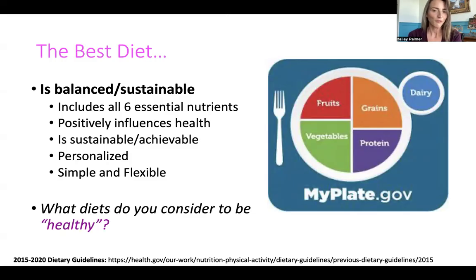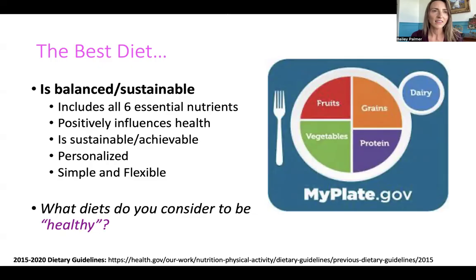But there's this word healthy that we hear a lot, and everyone has their own idea of what healthy actually means. I want you to think about what you actually consider healthy, and that may be different than what someone else considers healthy. For example, my mom considers healthy to be low fat diets, but we now know that fat is actually necessary, and there are healthy fats that can make up a really amazing diet.